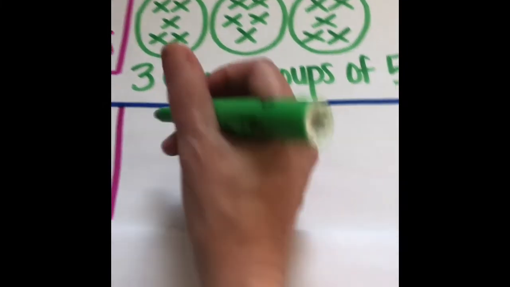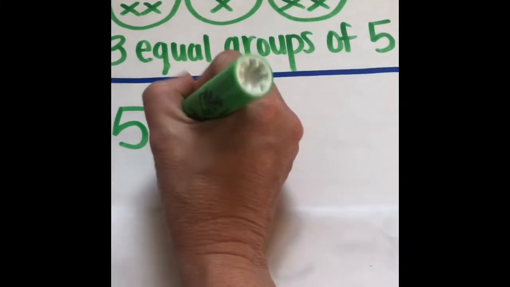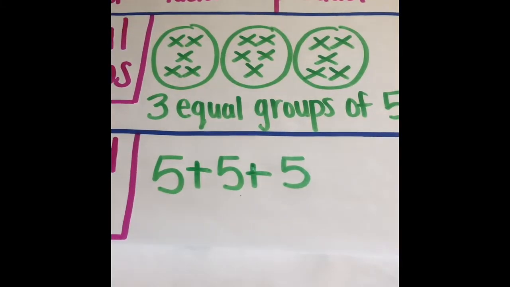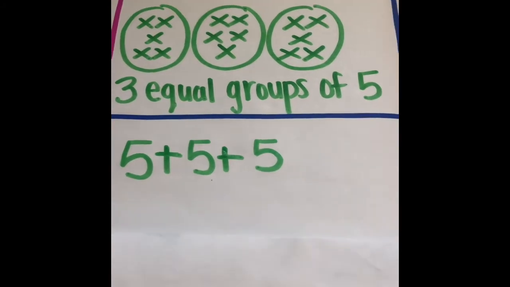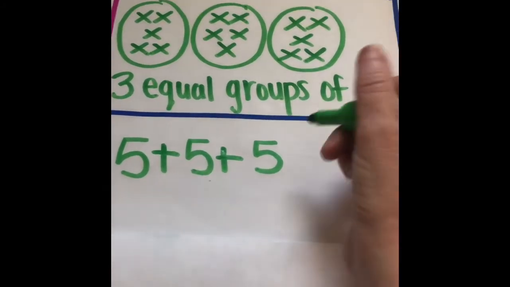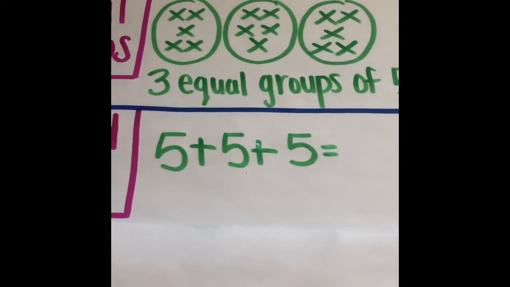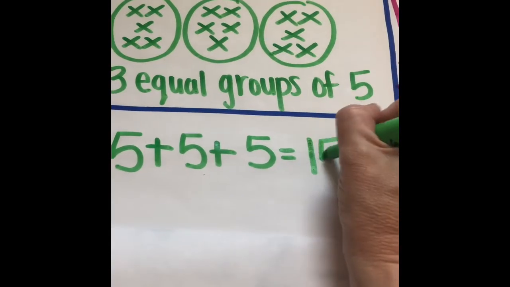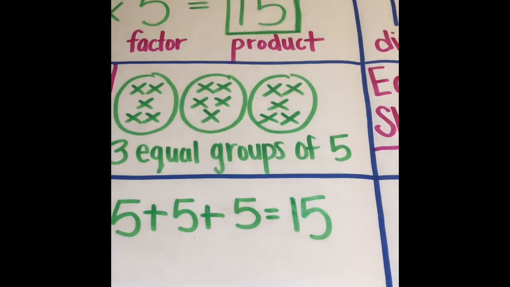So I'm gonna add 5 plus 5 plus 5. Now, could I add 3 plus 3 plus 3 plus 3 plus 3? Yes, I know it would get me the same answer. So 5 plus 5 plus 5 equals 15. So I'm still getting that same product.